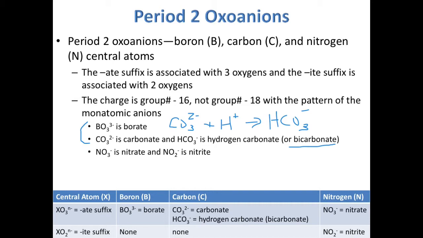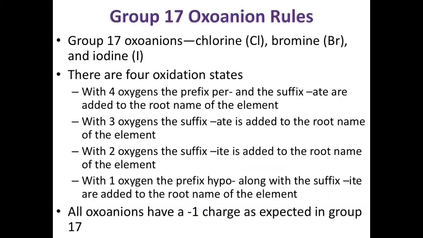So those two groups, 13 and 14, don't have an ITE form in their oxoanions. They are ATE forms only. We'll find that in groups 15 and 16, there is the ATE form and there is an ITE form also.